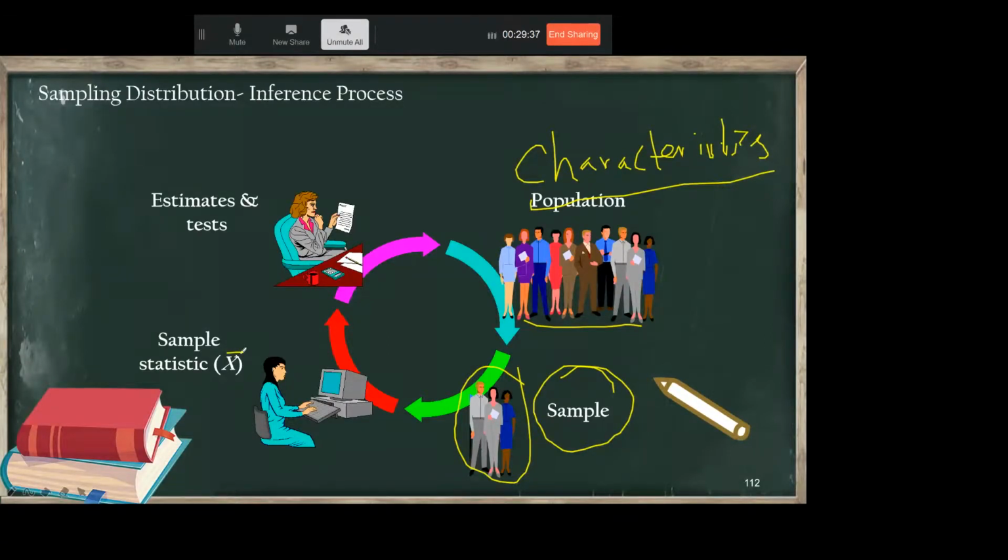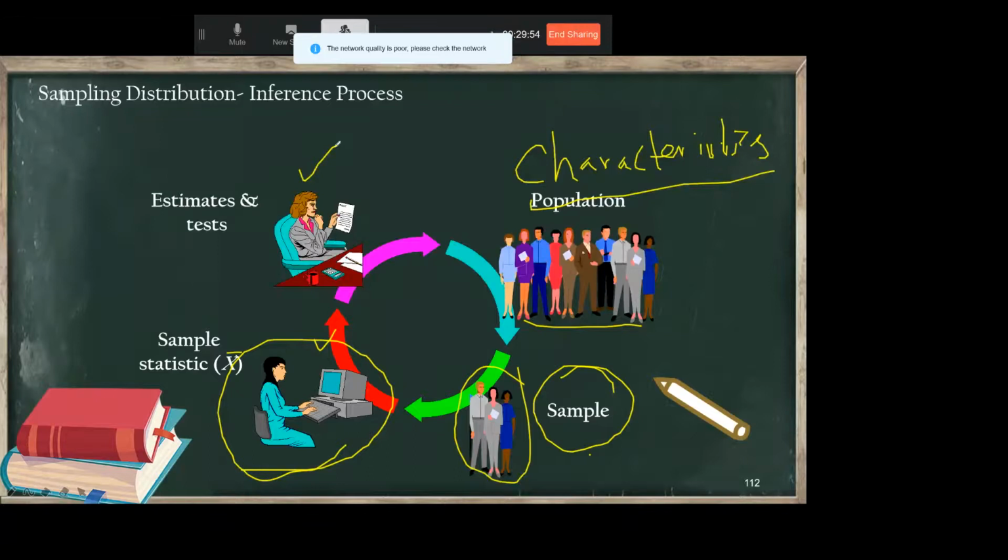So after collecting the data from the sample, now I'm going to do some statistical work. So as an accountant, you might be working here, you might be working here, right? The sample data, which we also call the sample statistic X bar.